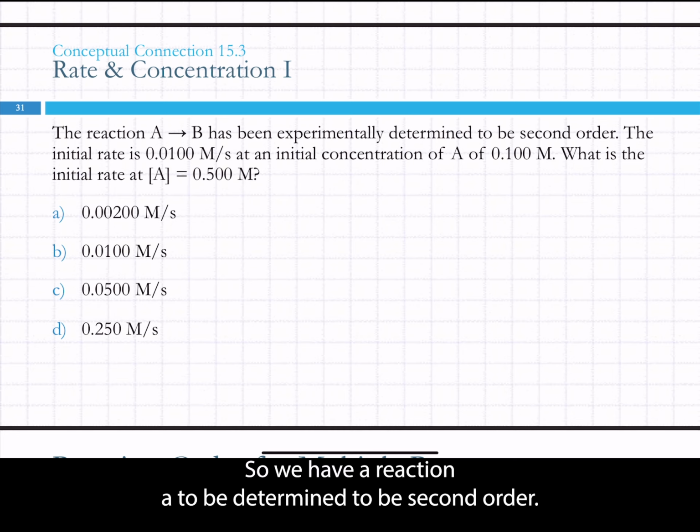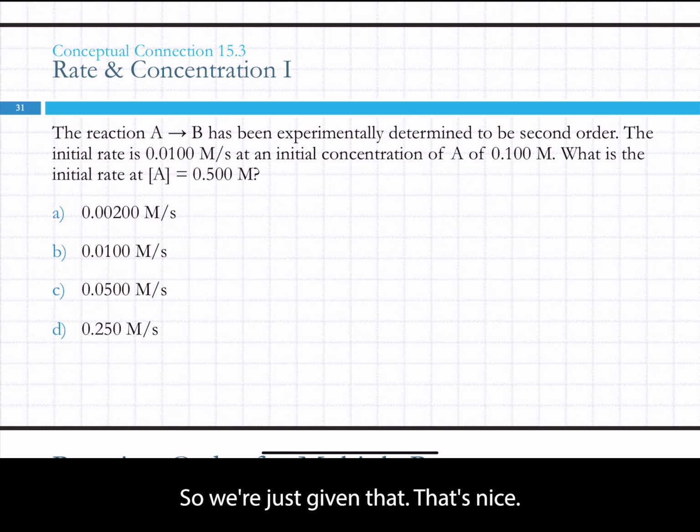All right, so we have a reaction, A to B, determined to be second order, so we're just given that. That's nice. The initial rate is 0.01 molar per second. Initial concentration of 0.1 molar. If I increase the concentration to 0.5 molar, what will my new initial rate be?